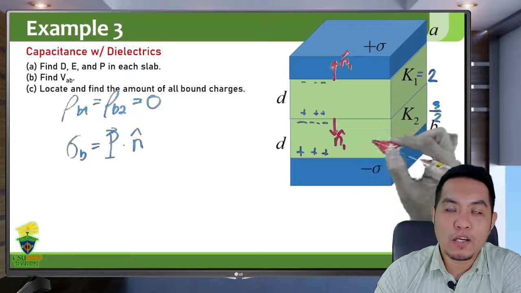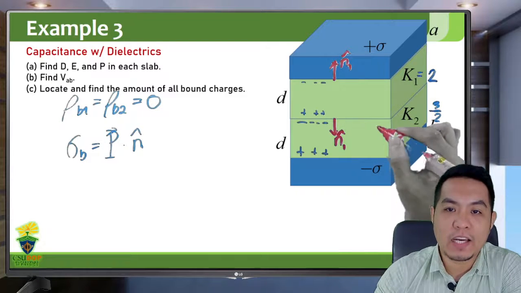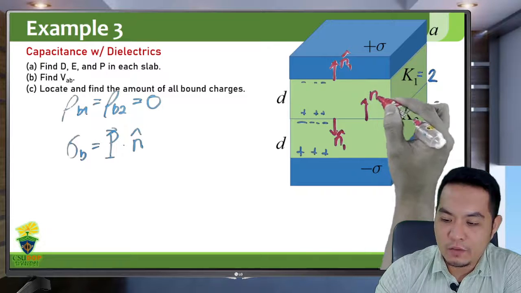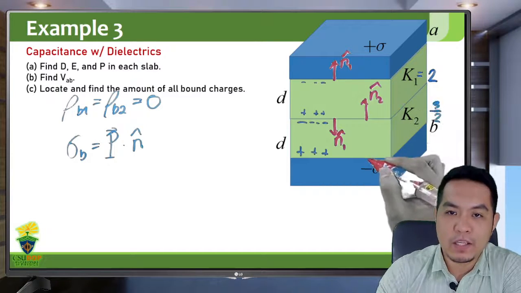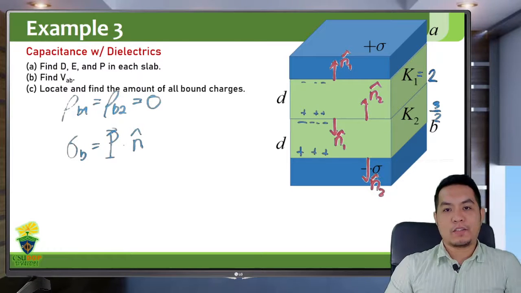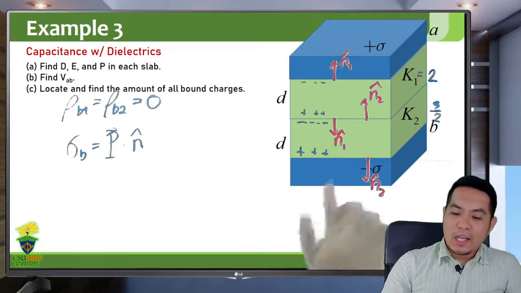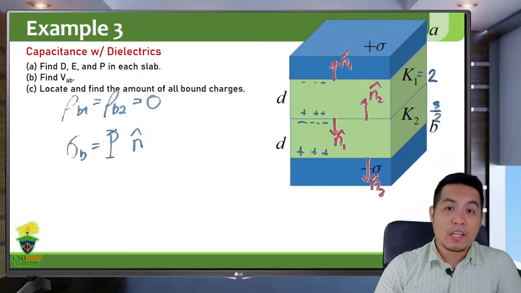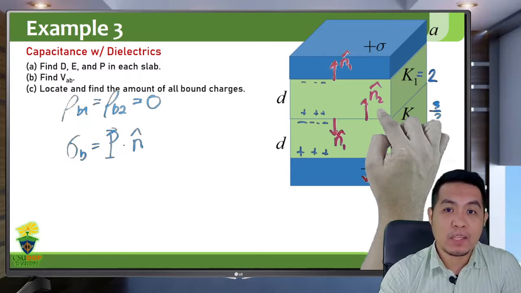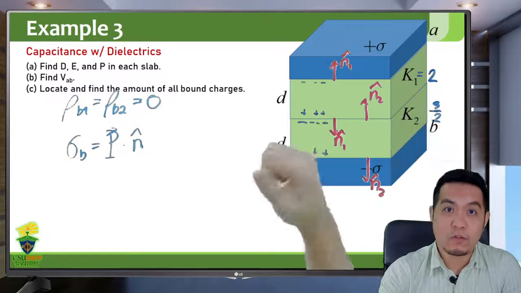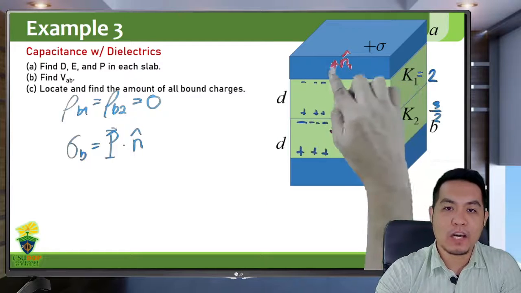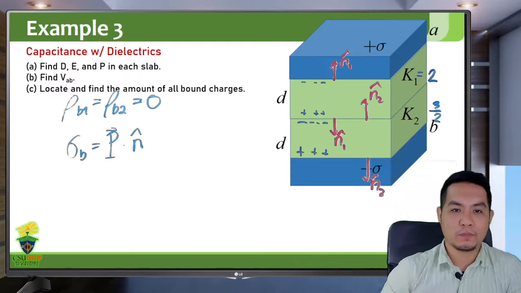The second dielectric also has two surfaces. This will be the n2 hat for the upper surface, and this will be the n2 hat for the lower surface. Take note that the normal unit vector is always perpendicular to the surface and out of the surface.